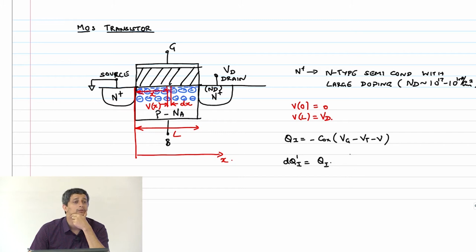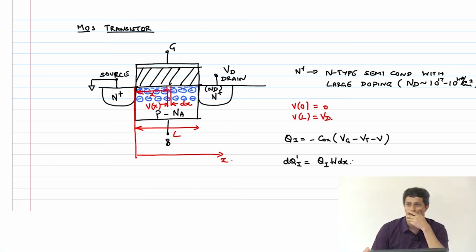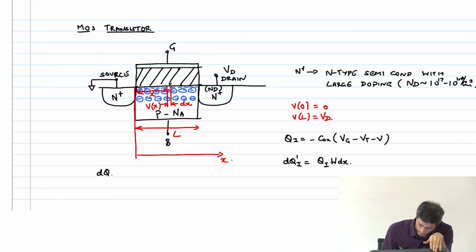What's the area element? W into dx. So therefore, I have dQ prime is minus Cox into Vg minus Vt minus V into W times dx.